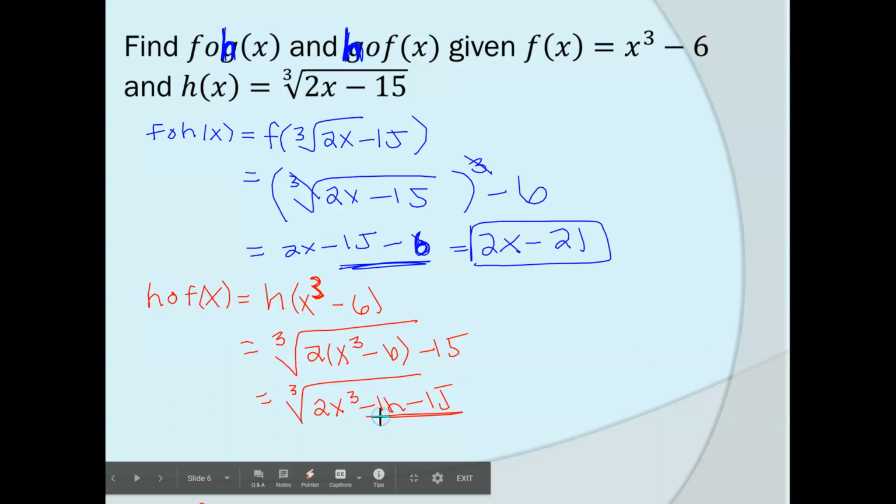Combine the 12 and the 15, and you get the cube root of 2x cubed minus 27. You can't simplify a cube root that has something being added or subtracted. So even though the cube root of 27 is a nice number, you have to leave it like one mass quantity.